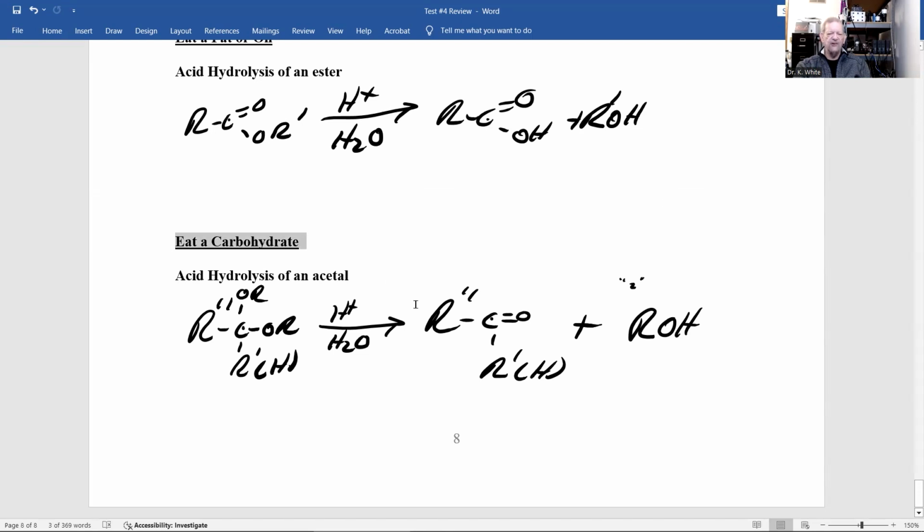And the functional group that holds glucose molecules together in a carbohydrate like starch, or even sugar, fructose and glucose held together, is an acetal linkage. And there's acid and water in your stomach, therefore it undergoes acid hydrolysis of an acetal. And here's the general reaction.